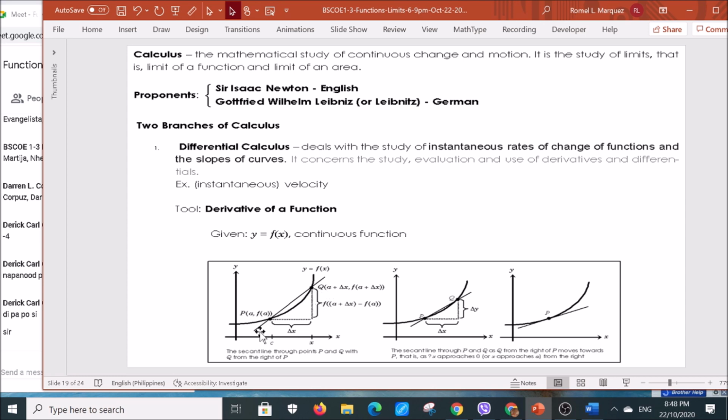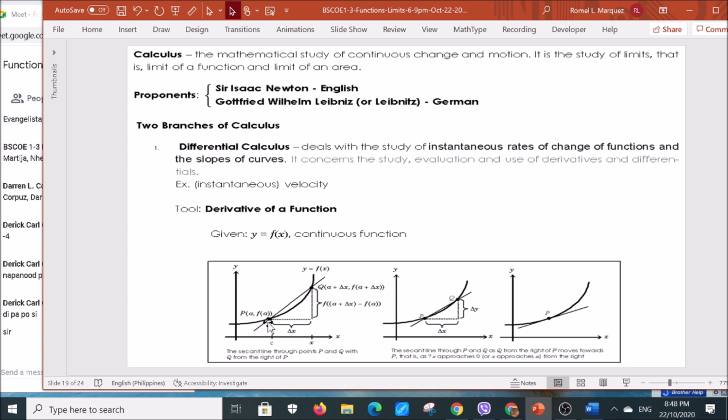It is actually the slope of the tangent line. In the third picture, this is a tangent line at P on the curve. The slope of that tangent line to P on that curve is the slope of the curve, which is the derivative. So you imagine a point traveling on the curve and approaching this P.